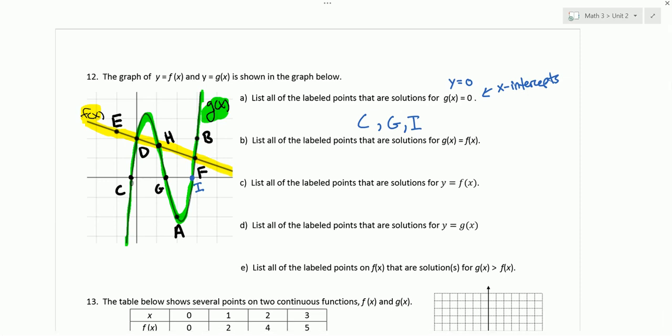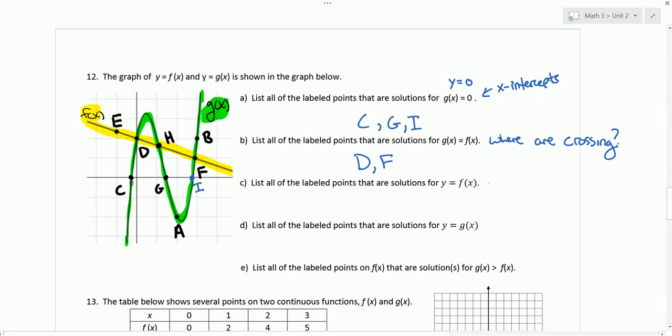B says list all of the labeled points that are solutions for g of x equals f of x. So this is asking, where are they crossing? And we can see that the two graphs are crossing at point D and at point F. C says to list all the labeled points that are solutions for y equals f of x.